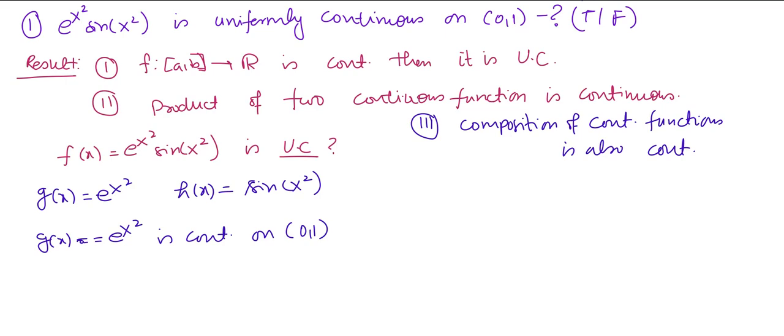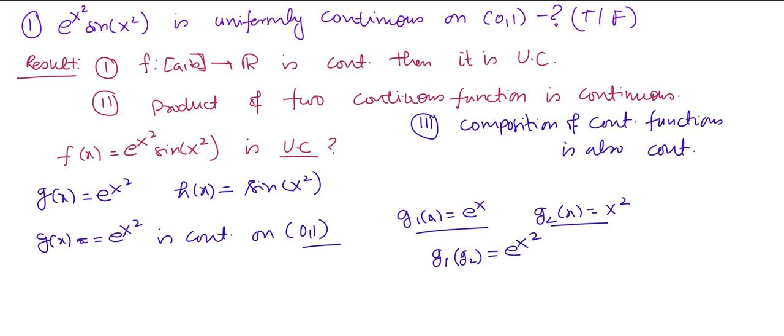Why? Because e raised to the power x square is a composition of two functions, e raised to the power x and x square. Let me write it, otherwise it will be difficult to understand. If you take g1(x) equals e raised to the power x and g2(x) equals x square, then g1 composed with g2 equals e raised to the power x square. g1 is continuous on 0 to 1 and g2 is continuous on 0 to 1, so g1 composed with g2, e raised to the power x square, is also continuous on 0 to 1.